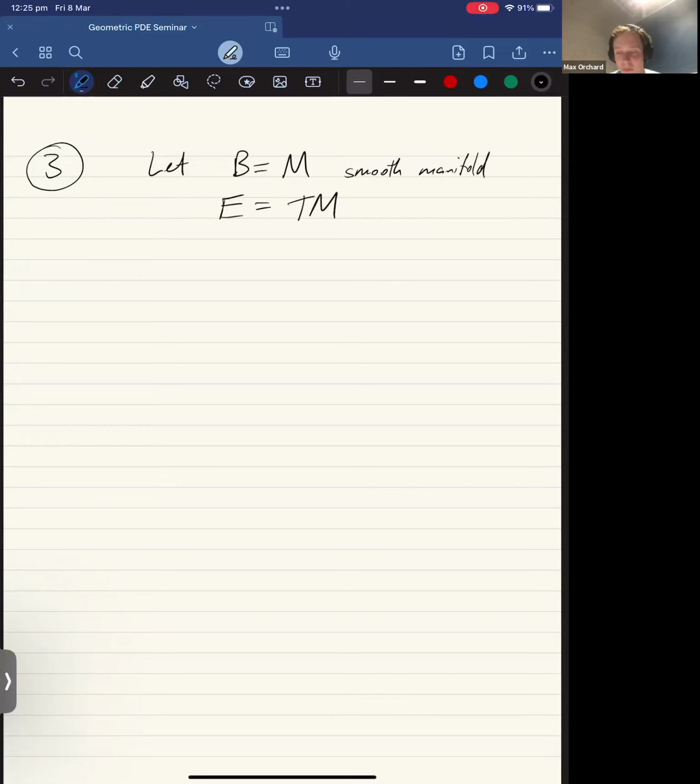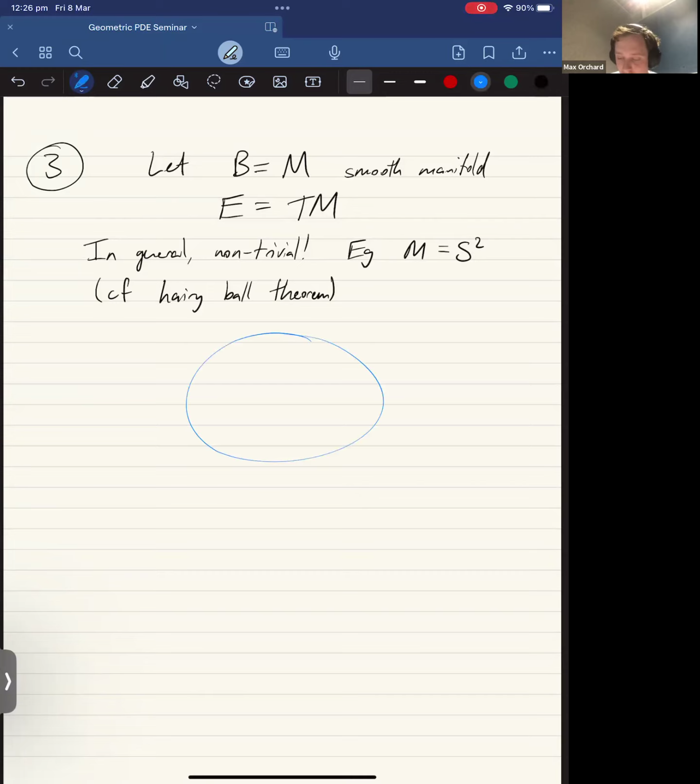So in general, this bundle is non-trivial. And an example of such a non-trivial bundle is if we take our base manifold to be the two-sphere, and you can see that this comes from the Hairy-Ball theorem.